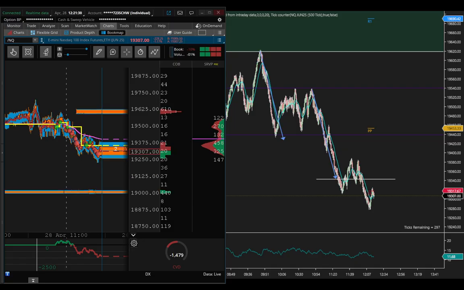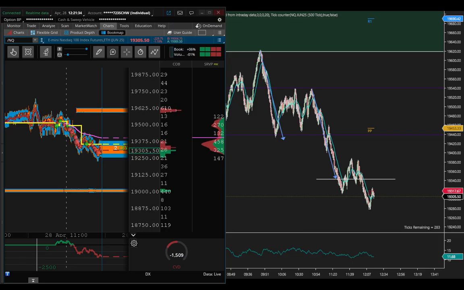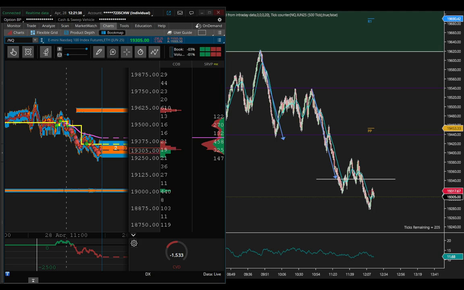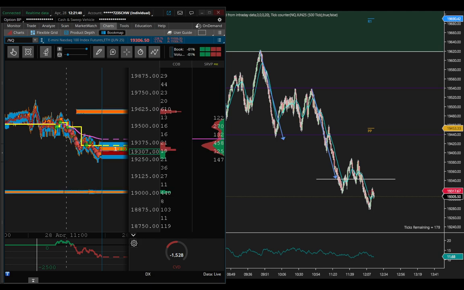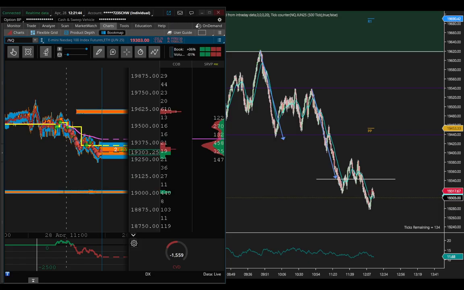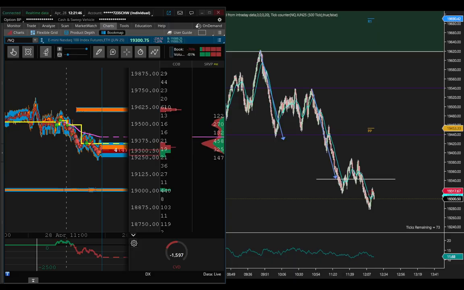Okay, that was a good entry for longs, but it just does not look pretty. I would like to see some of these levels down here, like the 19,000 level retested. Breakout retest zones down here in the 18,800 levels. Either way, I'm still bearish.